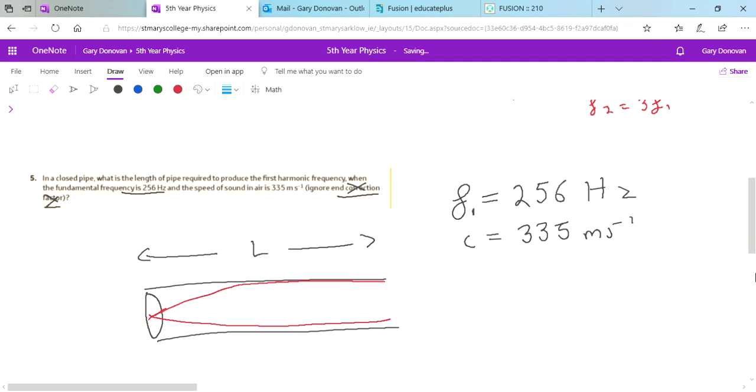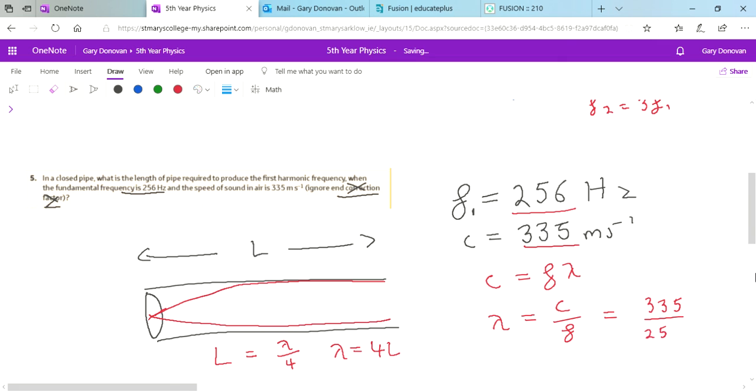Well, what do we know about this? We know the length is equal to a quarter of a wavelength. So that means the wavelength is 4 times whatever L is. But first of all, let's find out what lambda should be. Well, C equals F lambda, so lambda equals C divided by F. So if the frequency is 256 and the speed is 335, lambda will be 335 divided by 256, which is 1.309 meters.